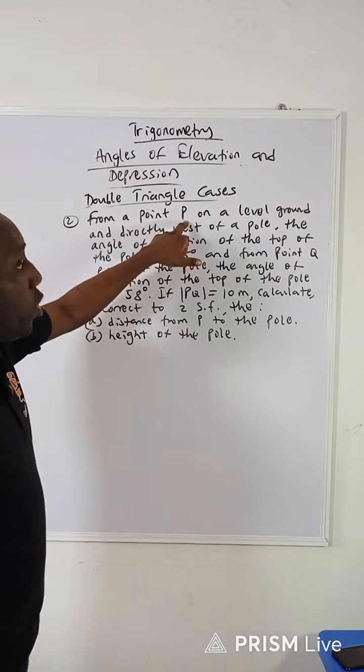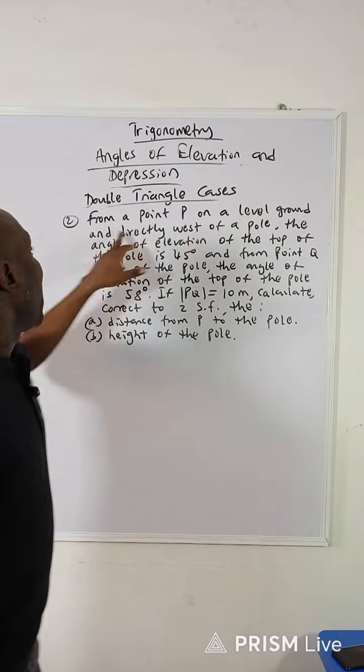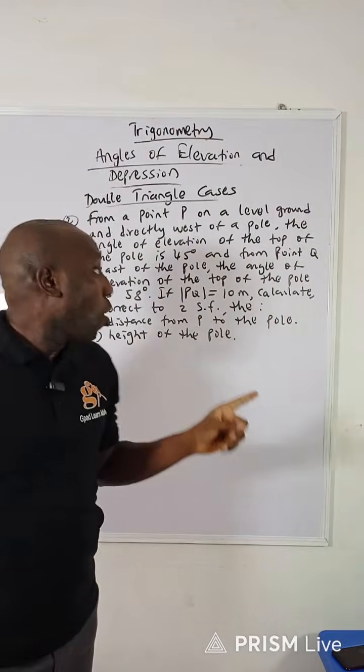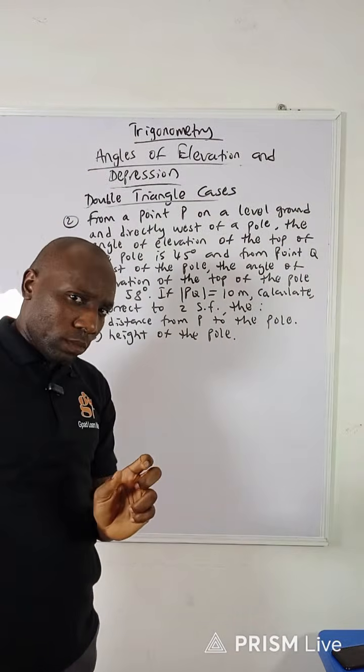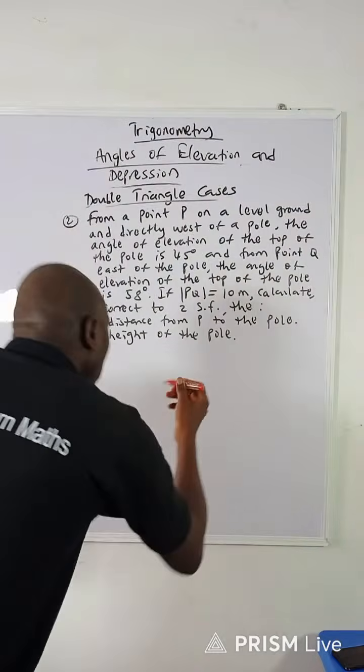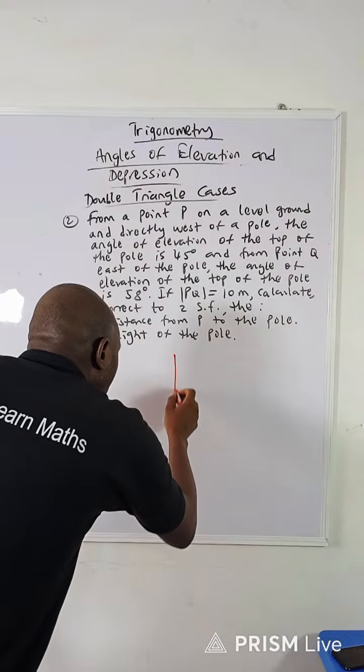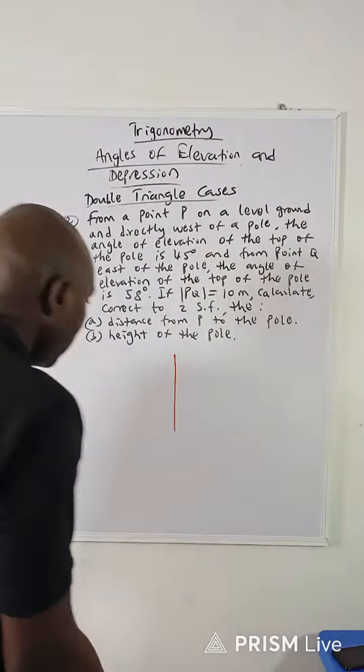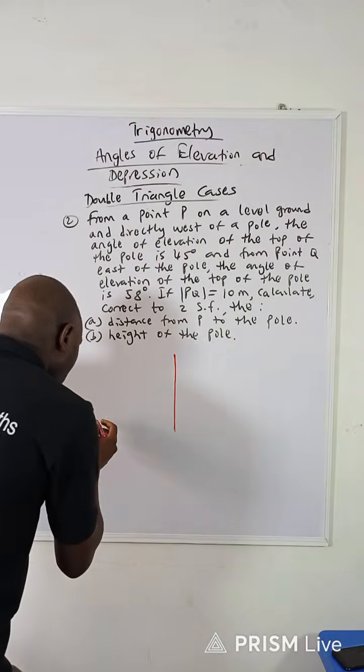From a point P on a level ground and directly west of a pole. Where is the pole? Let's draw a pole first of all. So let's say this is the pole. Are you seeing that? And then we have the horizontal ground.